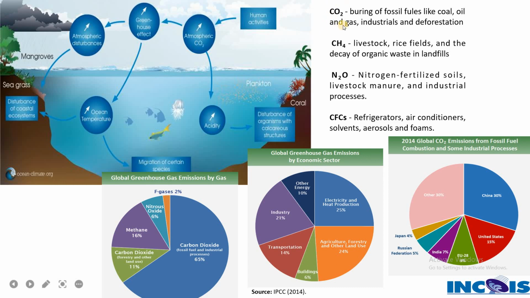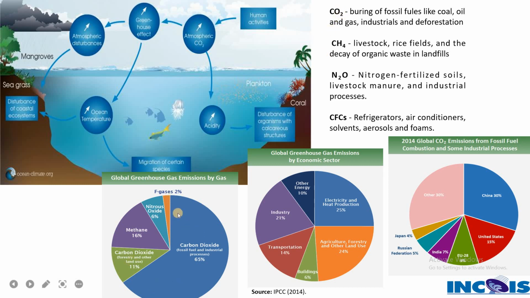That means it can live a longer time in the atmosphere. Okay, so that's why we mostly worry about how much carbon dioxide has been released into the atmosphere every year, or with respect to time.